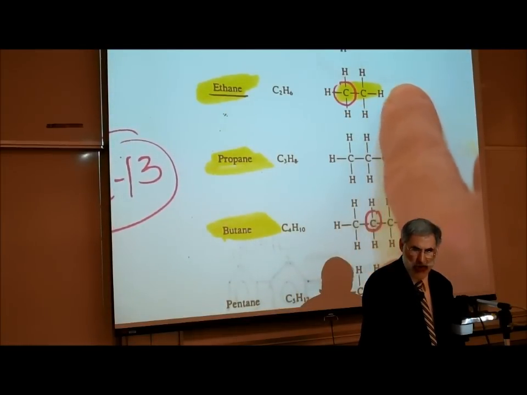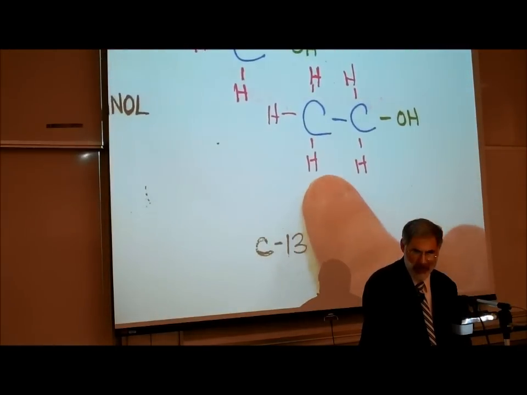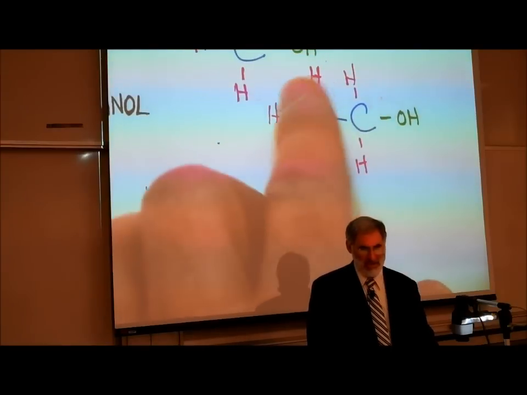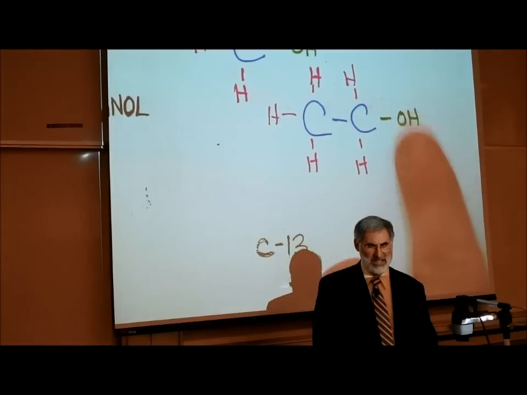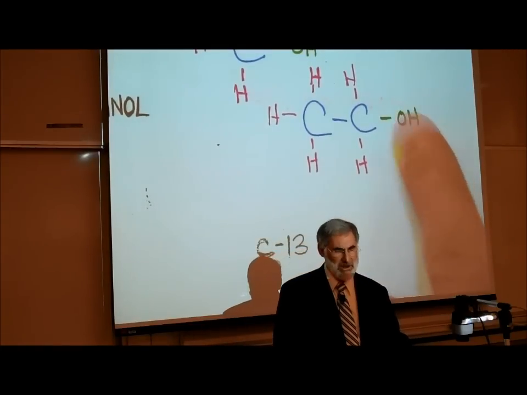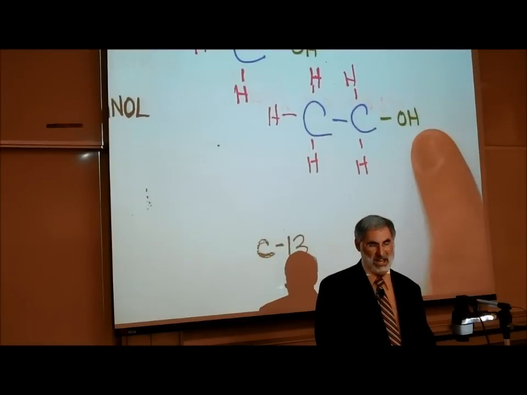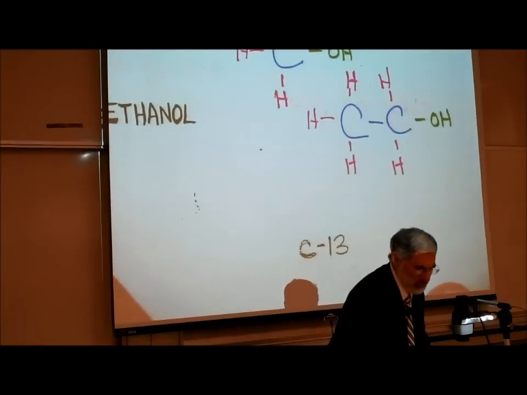So let's put an OH in place of one of these hydrogens. So down below, can everybody see? Here's the 2 carbons. Here's hydrogens, right? But can everybody see that the only thing drawn differently from ethane is I put an OH here. That's called ethanol.